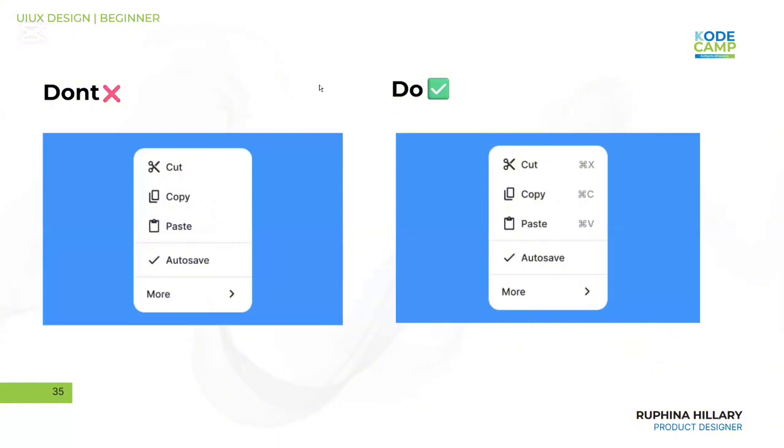When I want to copy something or cut something, I do not always have to right click on my mouse to get these cut options. I can do it as easily as Control C or Control V or Control X, or if you're using a Mac, Command X, Command C, Command V.